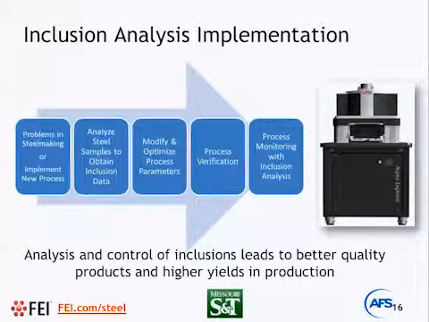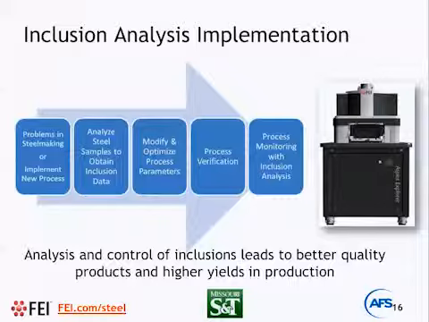Okay, so next slide. I think the next slide shows an example of using inclusion analysis in a steel mill. And this report was published a few years ago by some European steel companies.